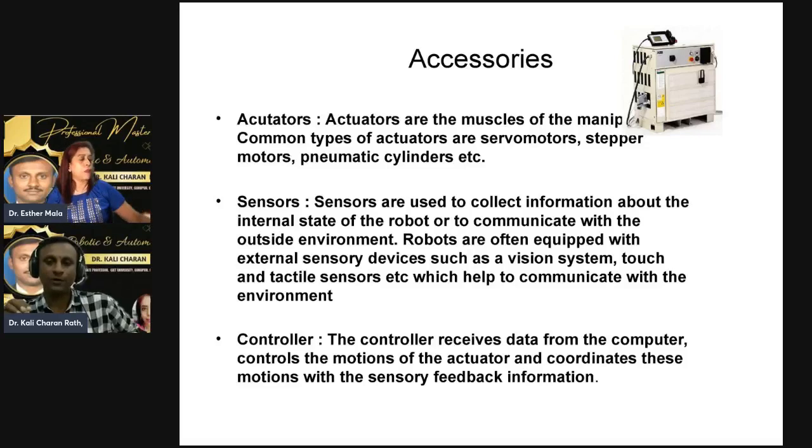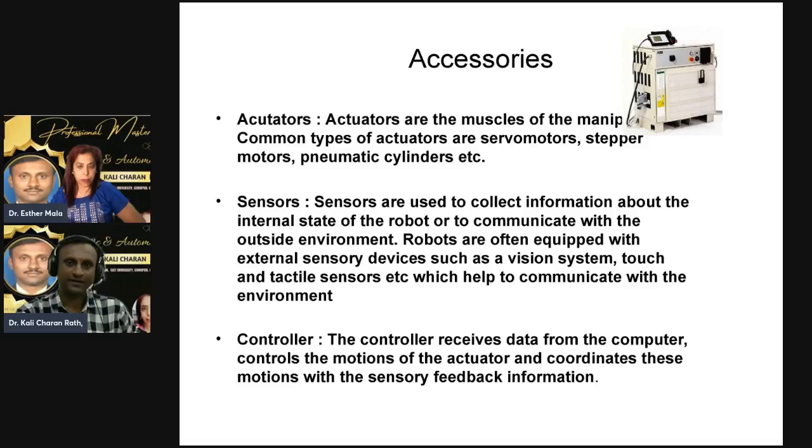If any abnormality is found, rectification is sometimes taken care of by the machine itself, or in some cases the operator takes preventive action based upon the instruction provided to the machine. So that is the role of the controller.